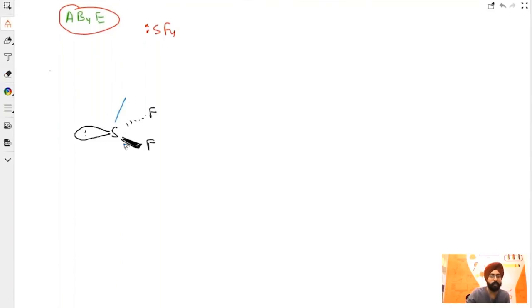The whole structure will get squished just a little. You can imagine that this angle is now less than 90 degrees, and this angle is now less than 120 degrees.